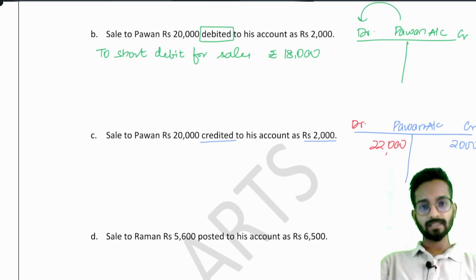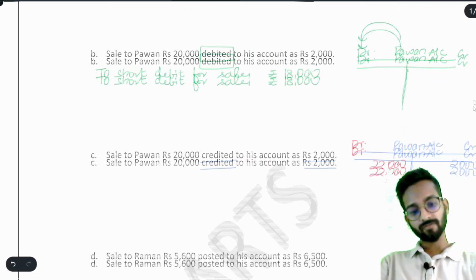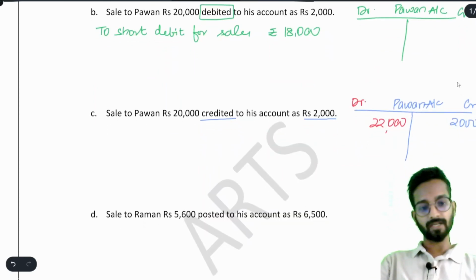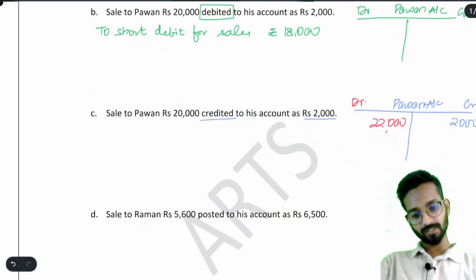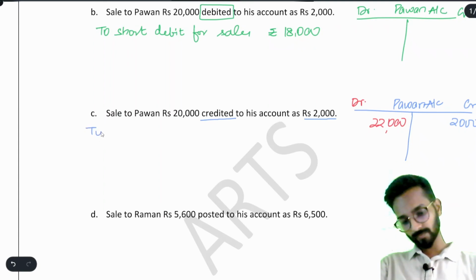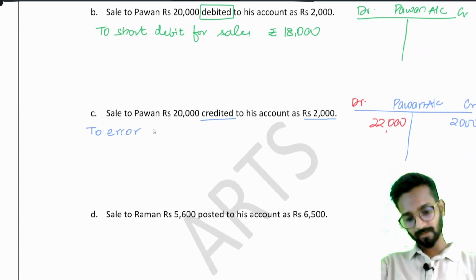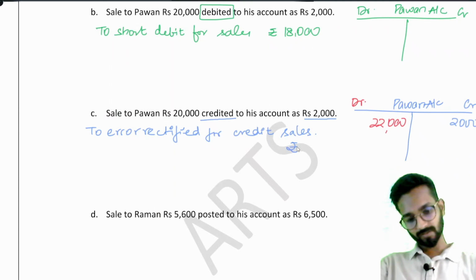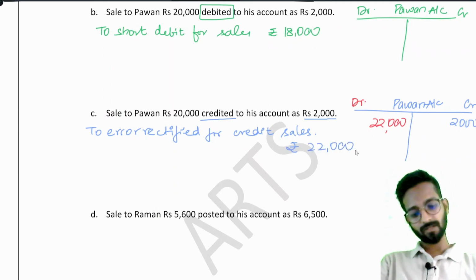That is what we wanted from the first day itself, that there should be 20,000 on the debit side. Now I will write here "to error rectified for credit sales rupees 22,000". Simple.